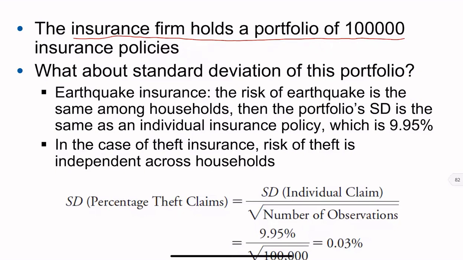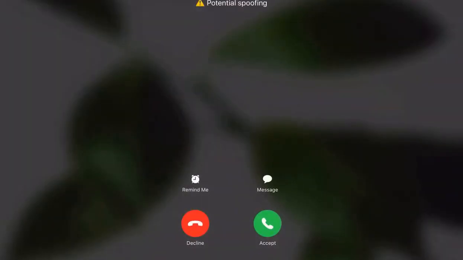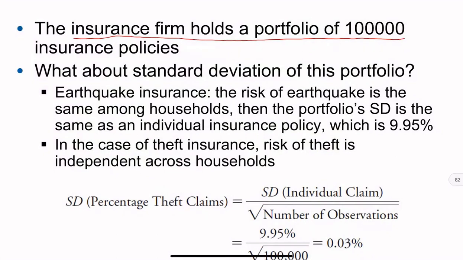Now, think about this. The risk of the earthquake is the same among households. What does this mean here? Well, it basically means if you think about the risk of earthquake as a probability distribution, then this probability distribution is the same among all households. And this probability distribution is perfectly correlated across different households, right?